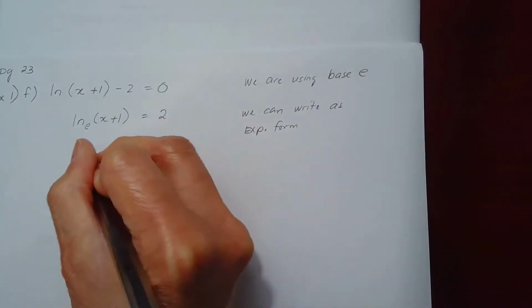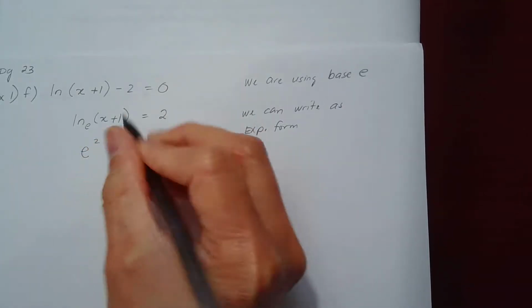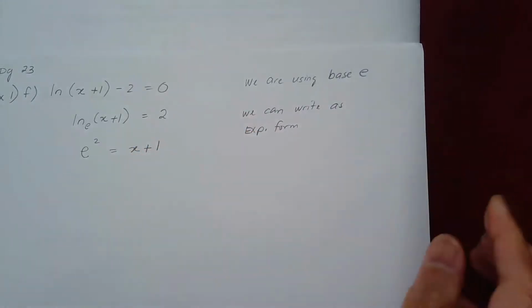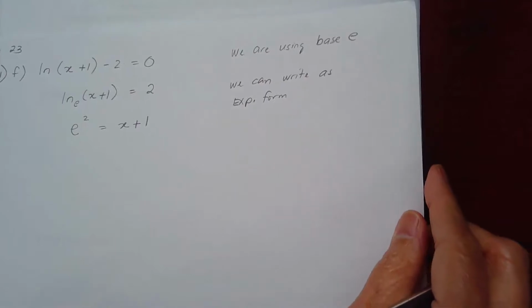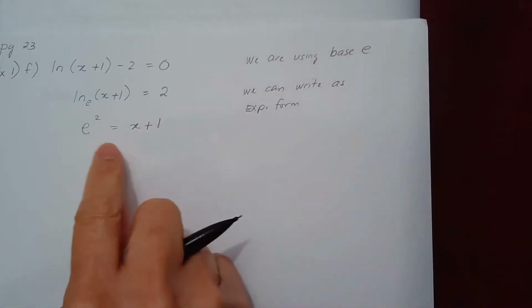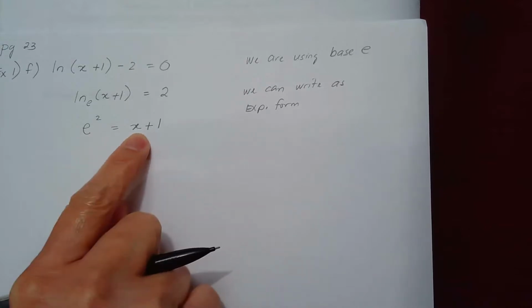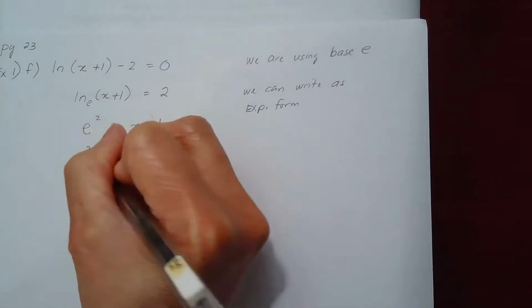So that means e to what exponent gets us x plus 1? e squared equals x plus 1. So solving for x, we put the 1 to the other side, so e squared minus 1 equals x.